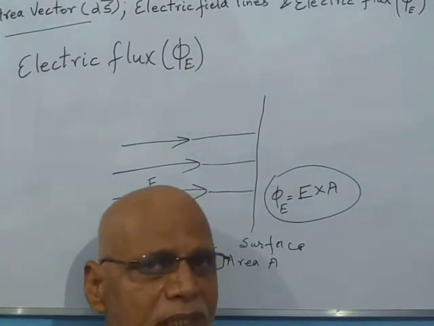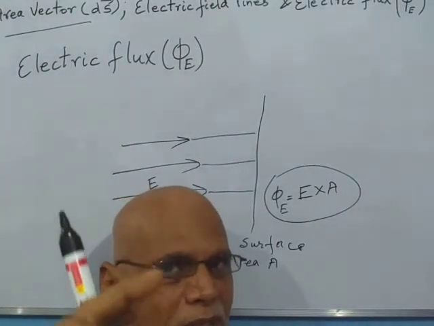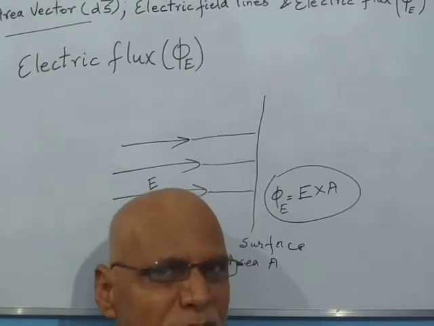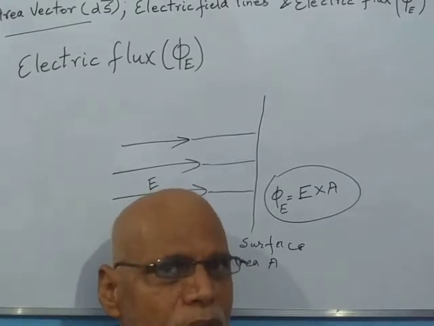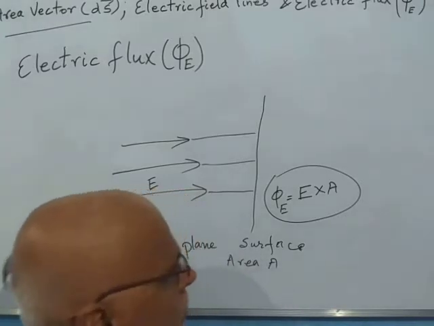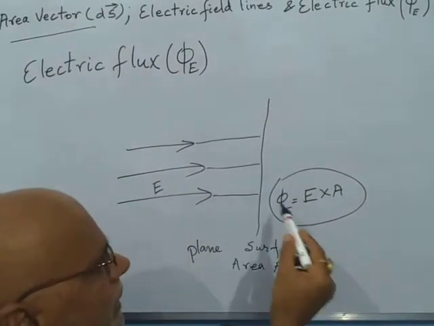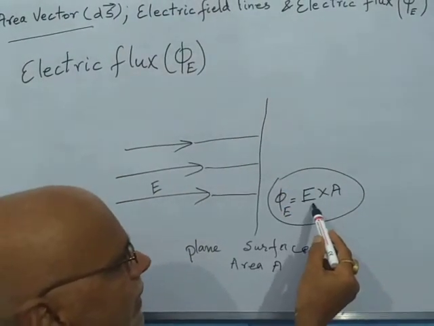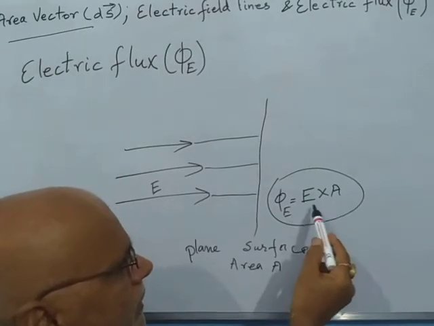The property of electric field lines is that the number of electric field lines passing per unit area is the magnitude of the electric field at that point. So for unit area we have E electric field lines, so for area A we have E into A.